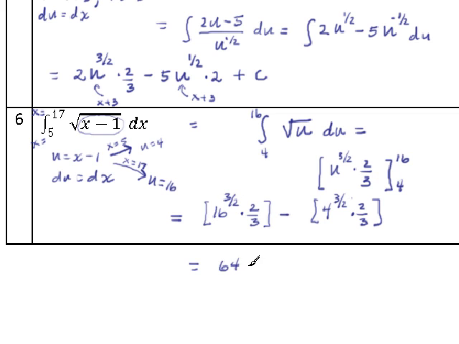So here we have 64 times 2/3, minus, here 4 to the 1/2, that's the square root of 4, which is 2. 2 cubed is 8. So here we have 8 times 2/3. Okay, so we have 56 times 2/3, and that's 112 divided by 3.